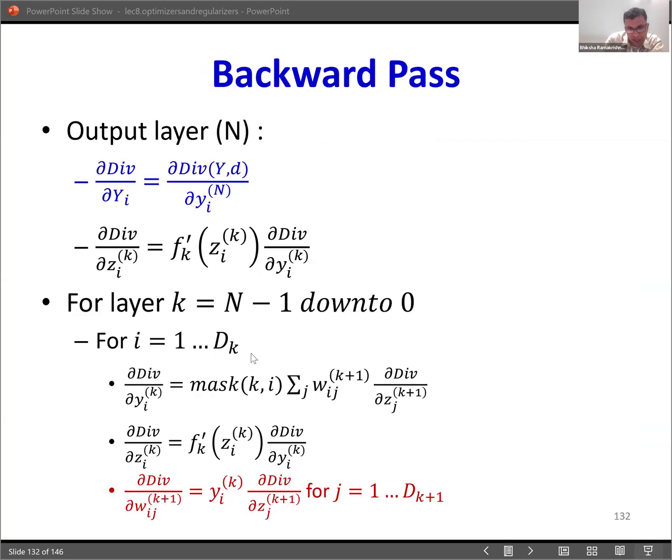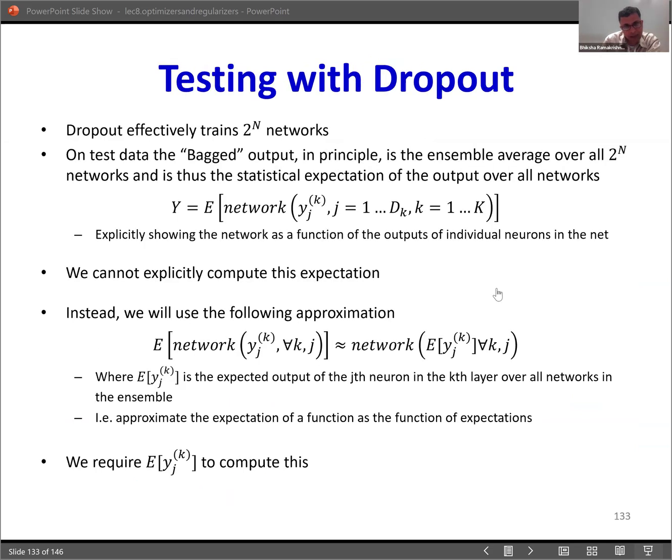So during the backward pass, you do the same thing. After you compute the derivatives, they are multiplied by the same mask, so that neurons which were switched off no longer pass any derivatives backwards. That's it. So dropout effectively trains 2 raised to n networks.